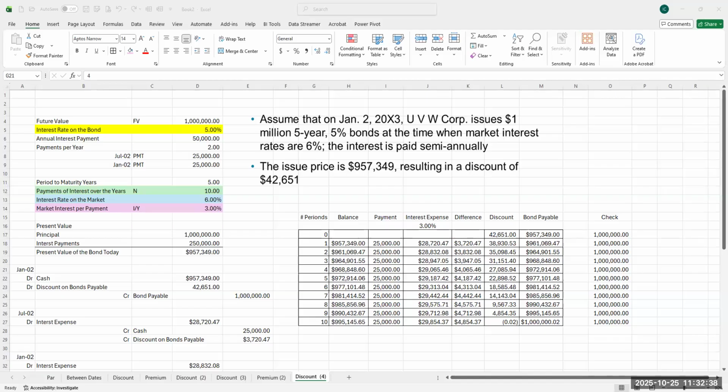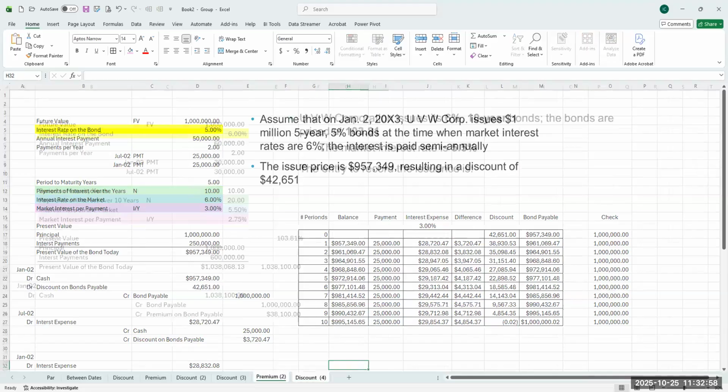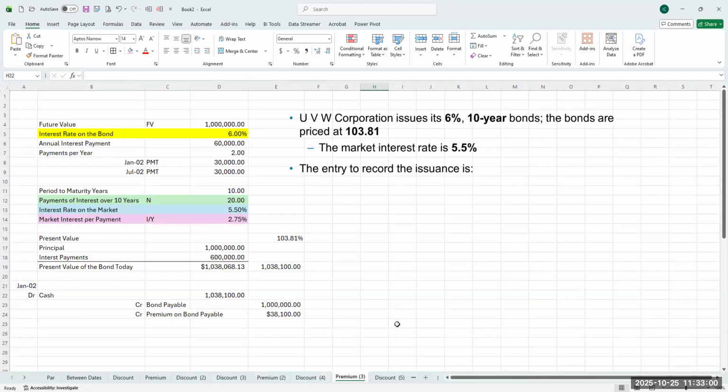Market rate on the premium is 4%. Okay, I got it. Okay, this is the calculation for the premium, and let's flip it here. Move it one more.